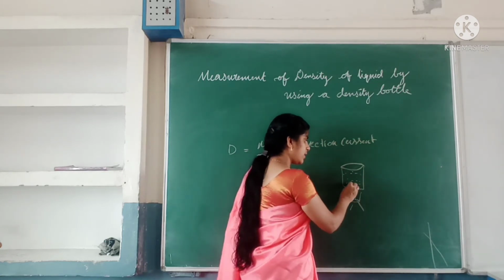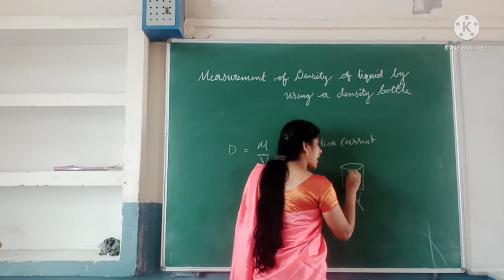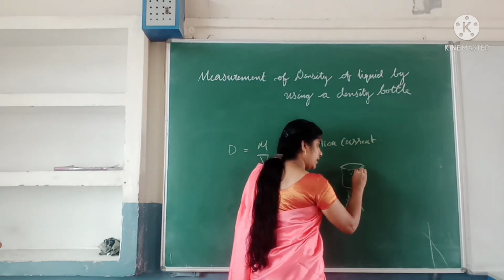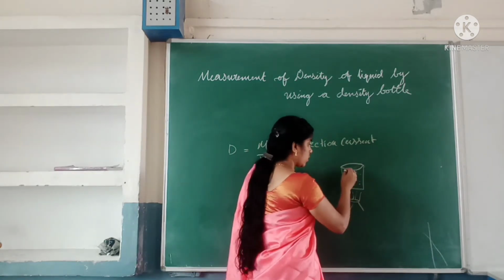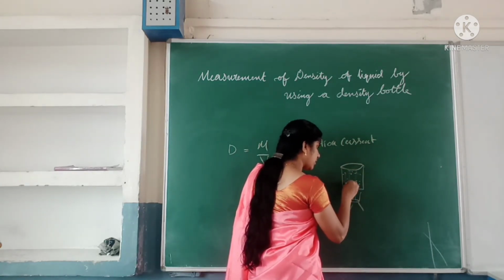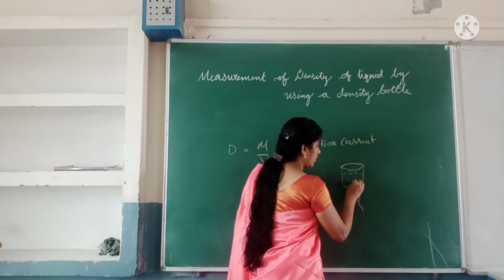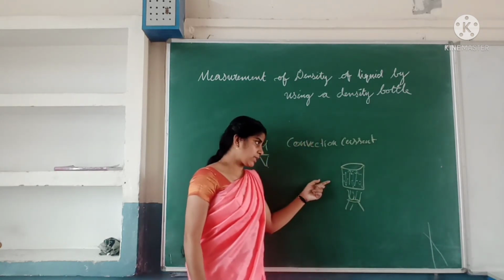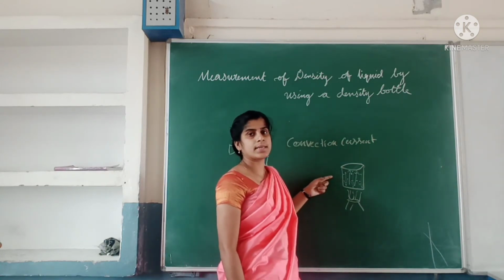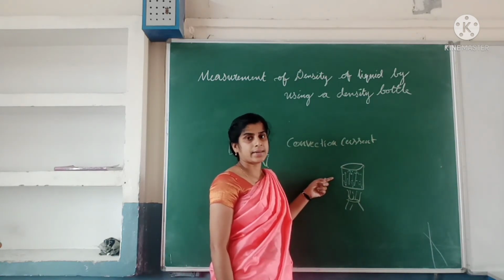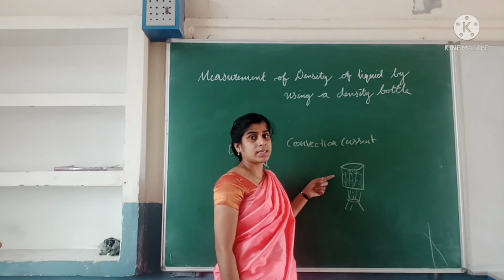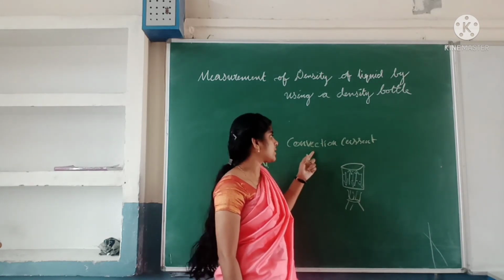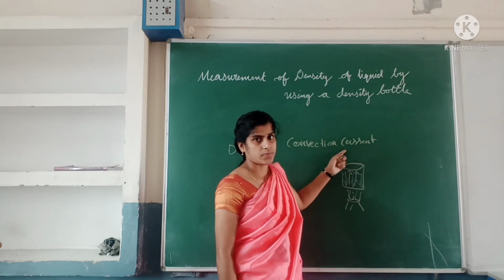So this less dense water rises up the beaker and the cold one comes down. So this process is one setup of current. This process is known as convection current.